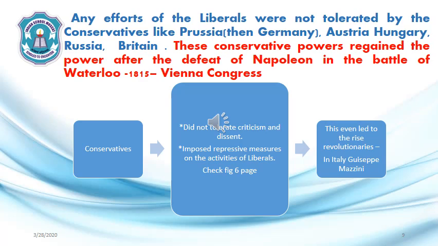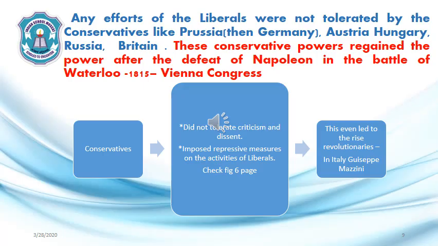These types of initiatives were not liked by a group of people. And you would be guessing that group of people who didn't like the liberals' initiative. That was the conservatives, or you can simply call them monarchs.